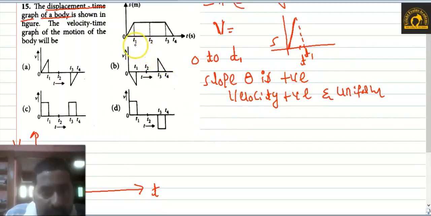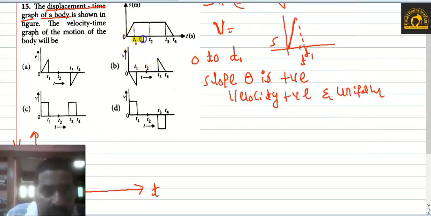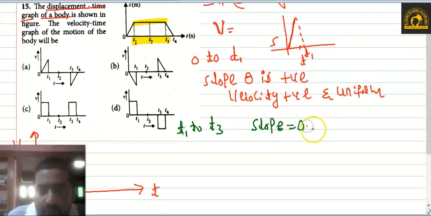Then t1 to t3, the slope is how much? The slope is 0 from t1 to t3.